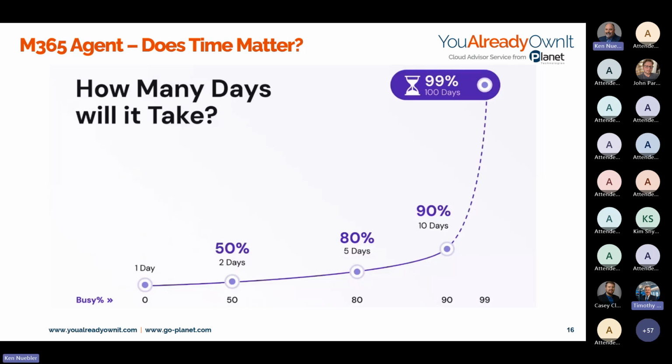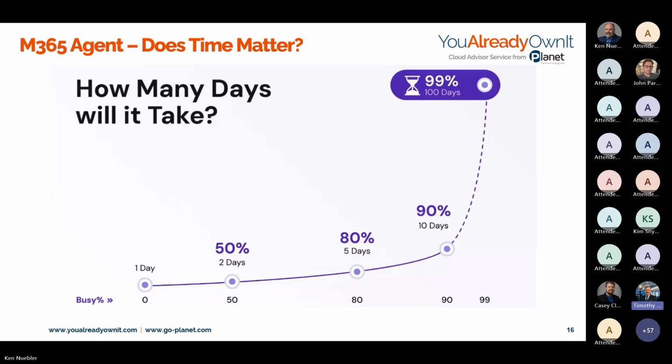I think you're all overworked and have no time. So for this audience, I think you're pretty far on the right-hand side of this curve, where an 8-hour task could take you 100 days to accomplish. So where Copilot can save time, it actually really matters.